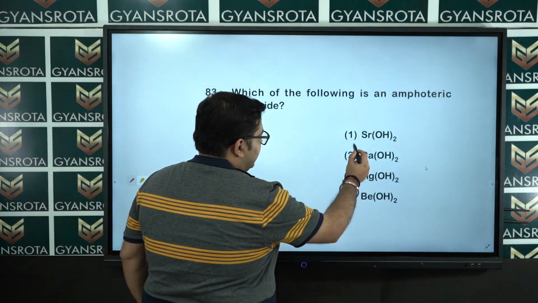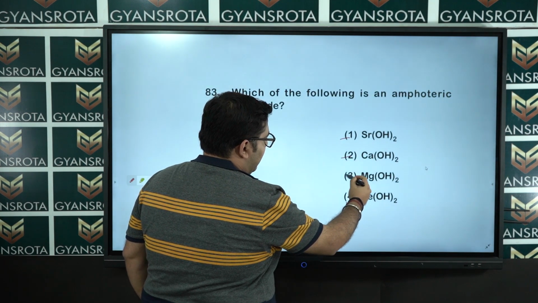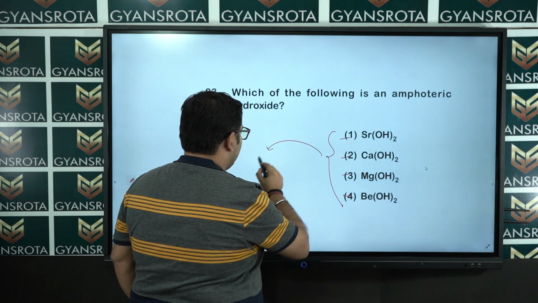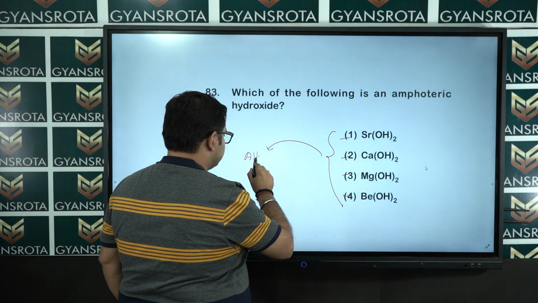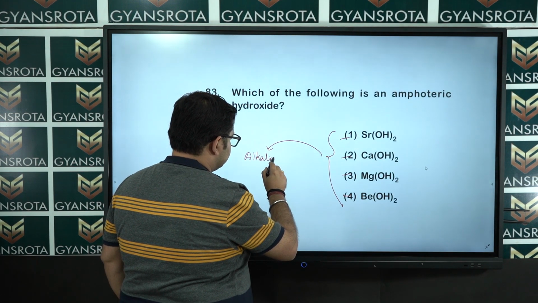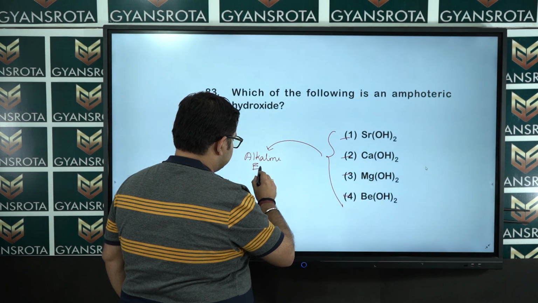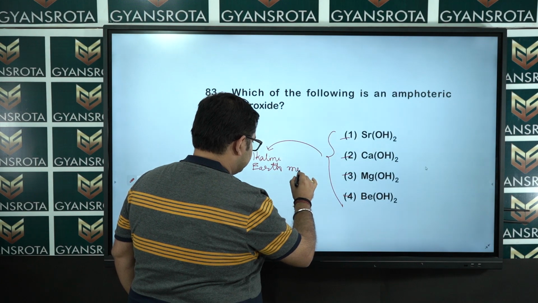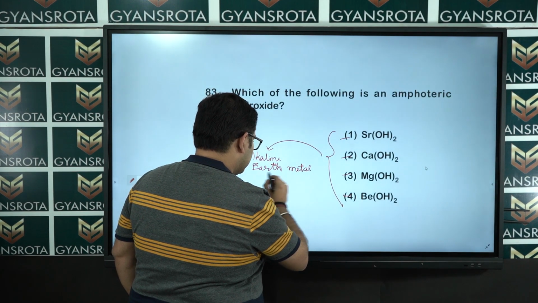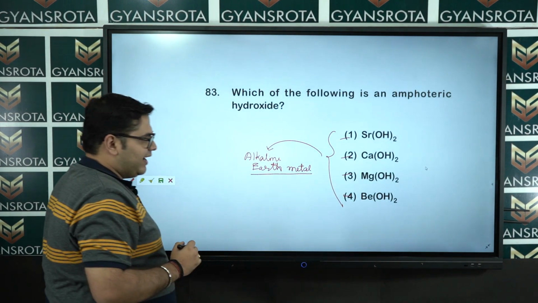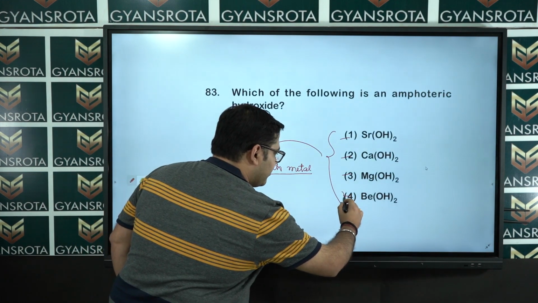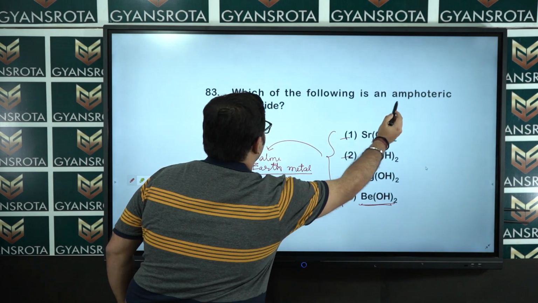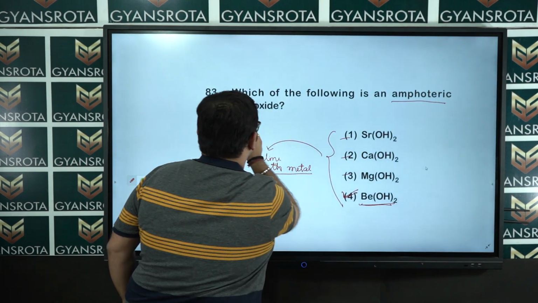Now, if you see, this whole thing is nothing but your alkaline earth metals. So, in alkaline earth metals, beryllium hydroxide basically acts as an amphoteric hydroxide.